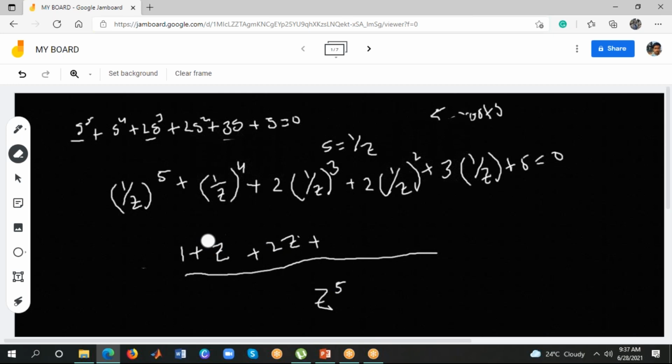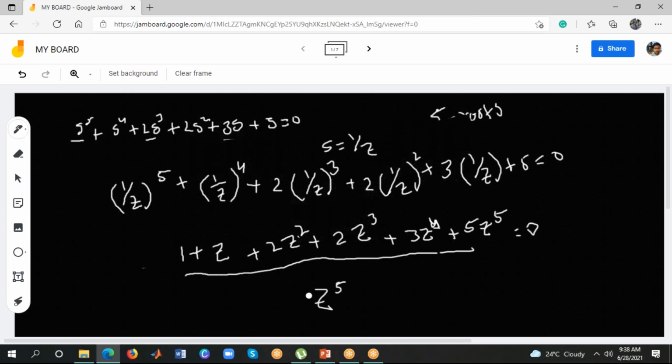So 1 plus z plus 2z square plus 2z cubed plus 3z power 4 plus 5z power 5 equals 0.